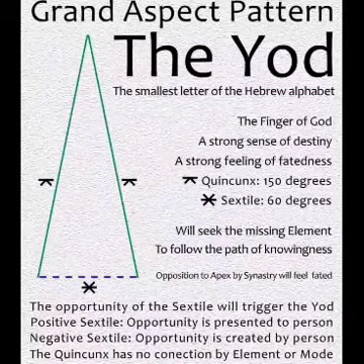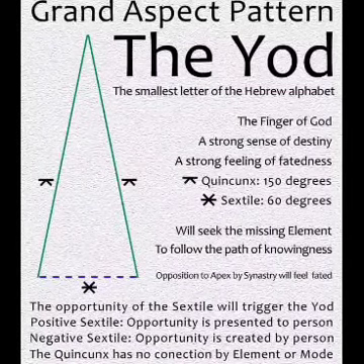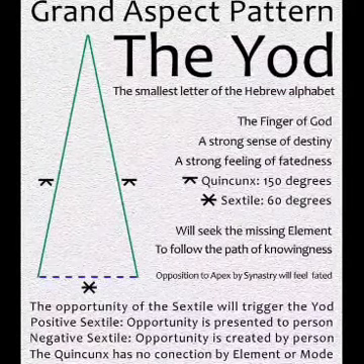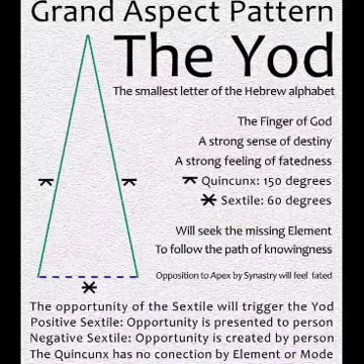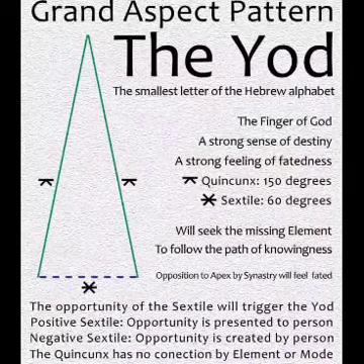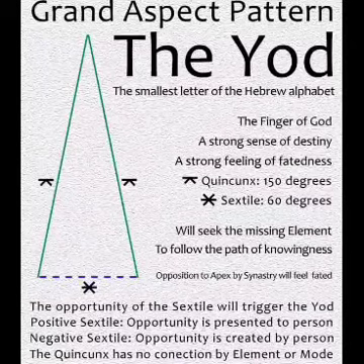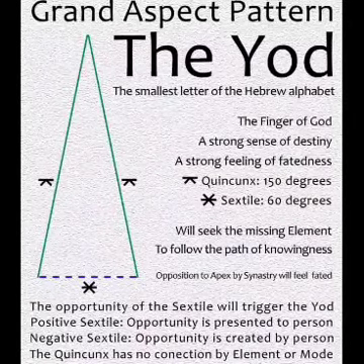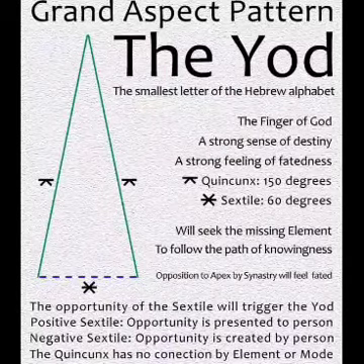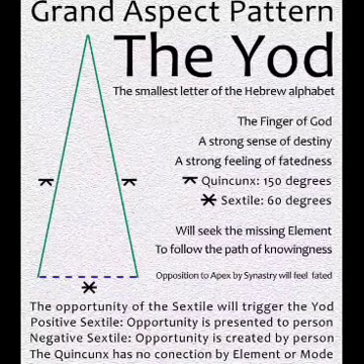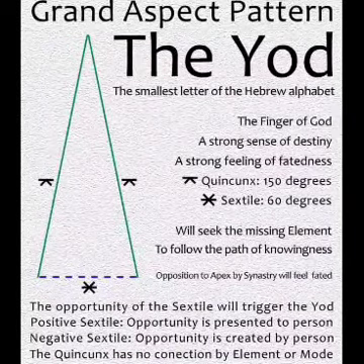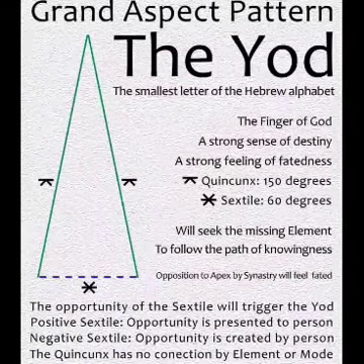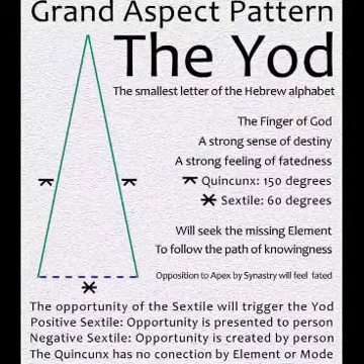As you can see on the chart, on this little picture here, that top point would be the planet that is forming the quincunx. So for example, Sagittarius quincunx Cancer. And I know that because my Sun in Sagittarius quincunx my Moon in Cancer.